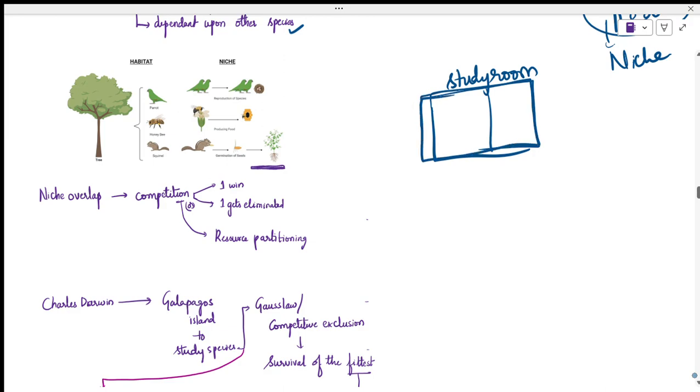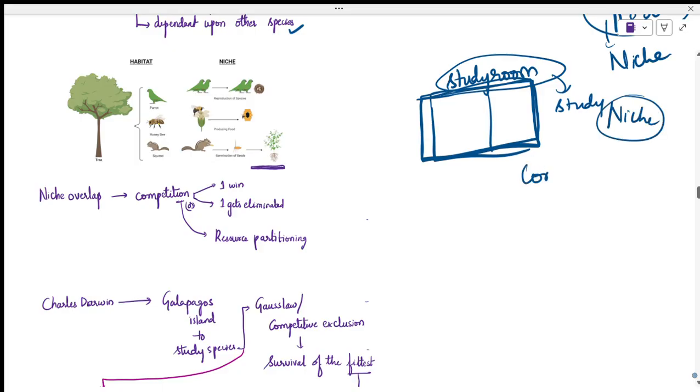If my brother and I are fighting for a single study room, which is the niche, then what happens? There is something called competition. In competition, one will win and one will lose.